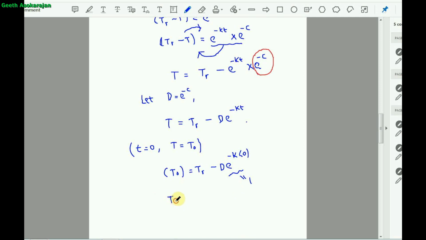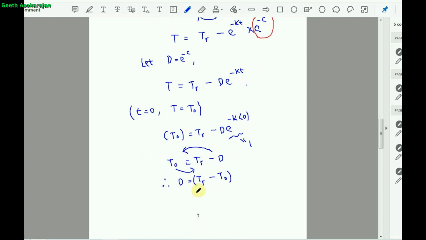So let me rewrite this as T0 equals TR minus D times 1, which is D. So therefore, if I bring the minus D to the left hand side and the T0 to the right, I'm going to write my D as TR minus T0. So that is an expression for our constant capital D.